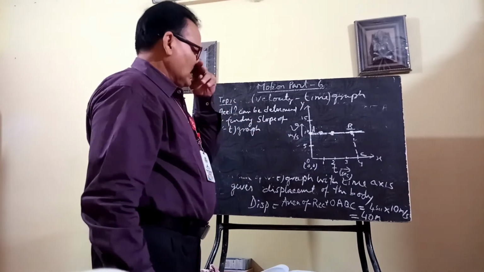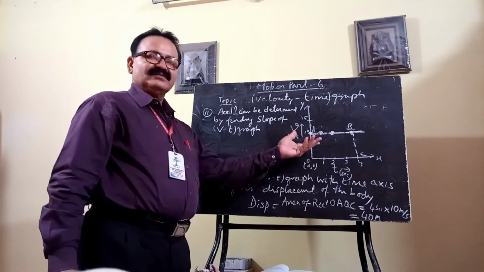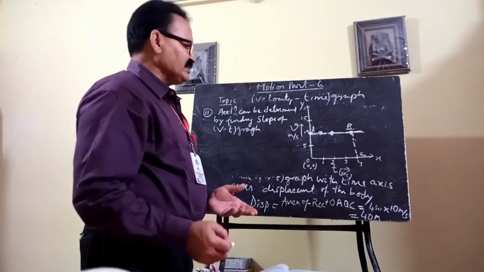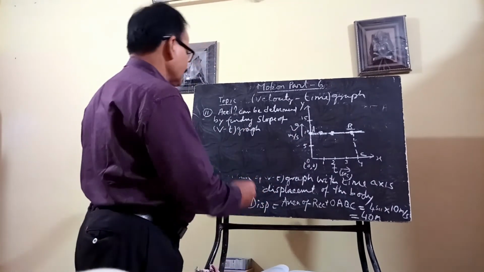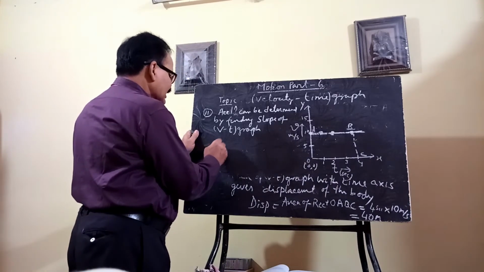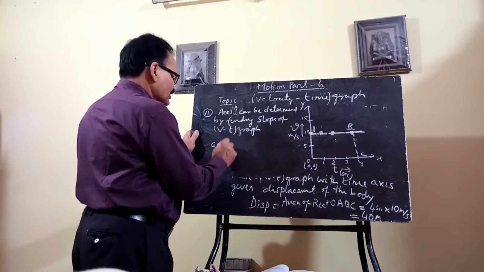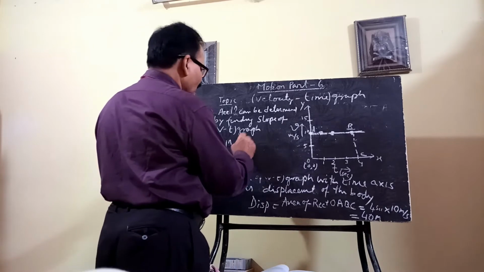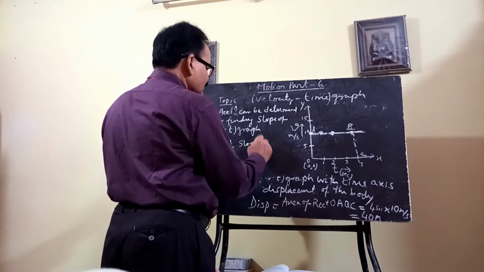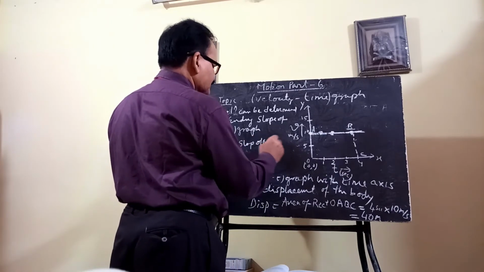You know the slope can be determined by taking 2 points from the graph itself. So here acceleration is the slope of the velocity time graph.